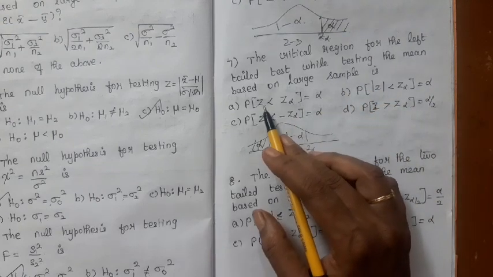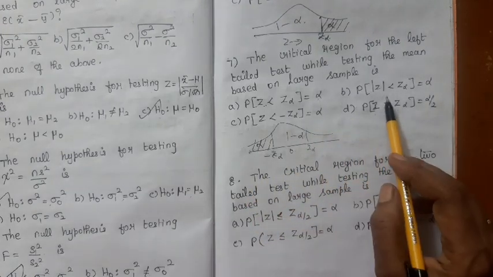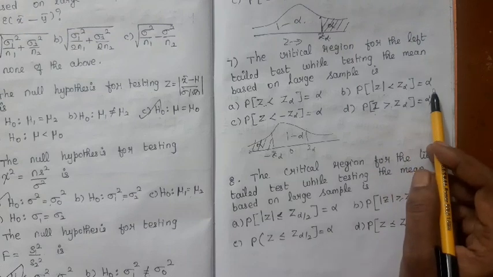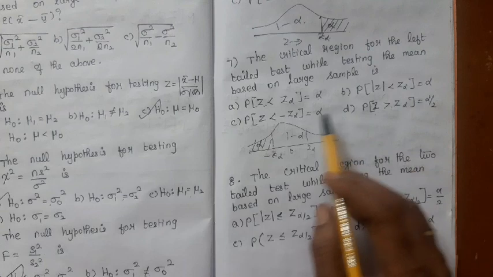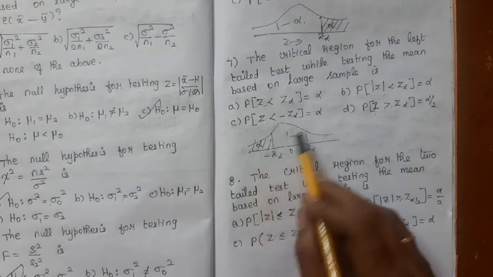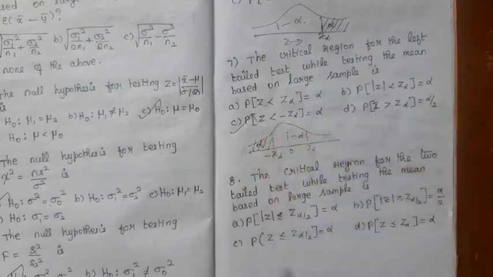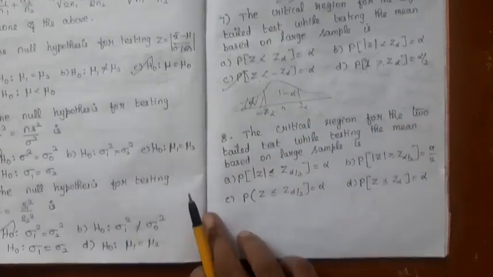Can you say that probability of Z less than Z alpha is alpha? No. Can you say that probability of modulus Z less than Z alpha is alpha? No. Probability of Z less than minus Z alpha is alpha. This is more appropriate, right? So option C is more appropriate.